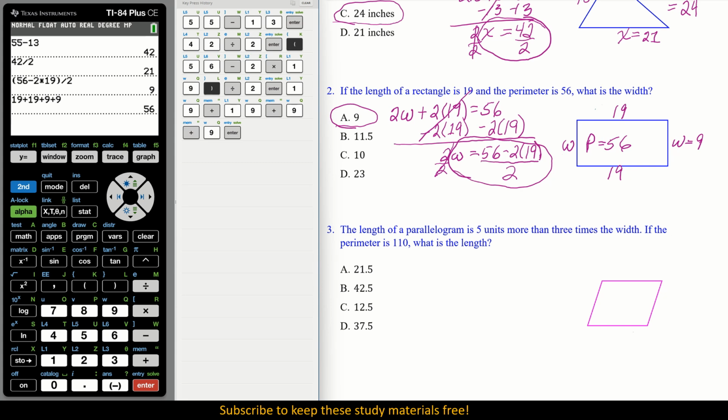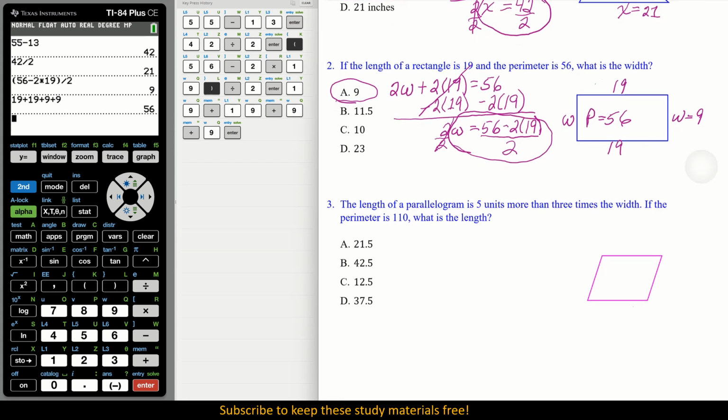Okay, let's look at number 3. The length of a parallelogram is 5 units more than 3 times the width.